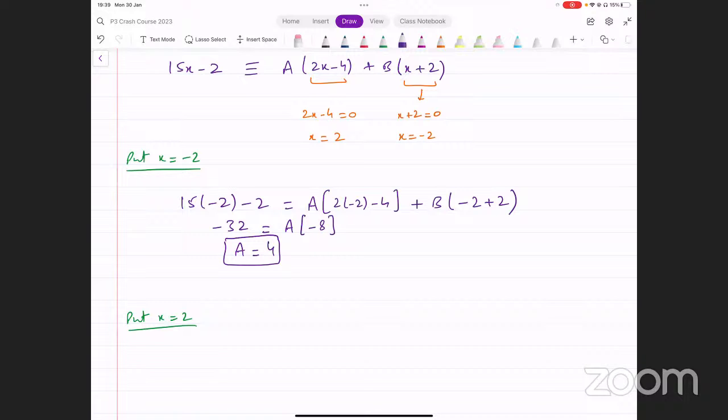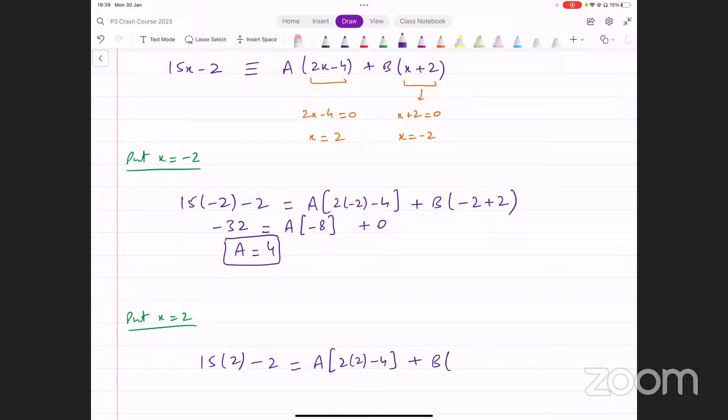So again, in that expression that we have in the top, we input x equals 2. 15 times 2 minus 2, that equals a into 2 times 2 minus 4. And you see this whole thing becomes 0. This whole thing becomes 0. And then we have plus b times x plus 2.